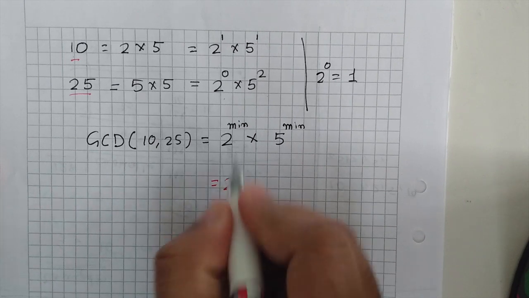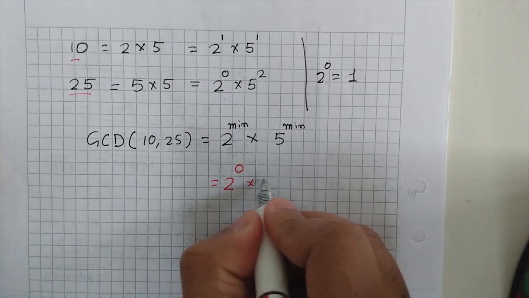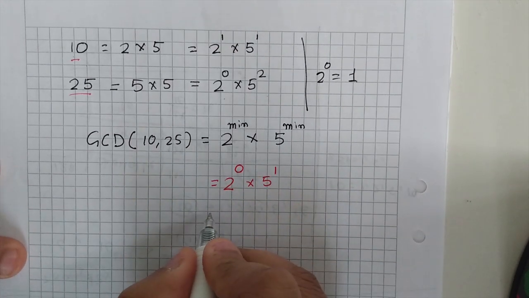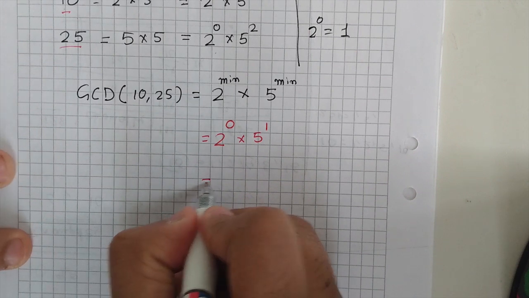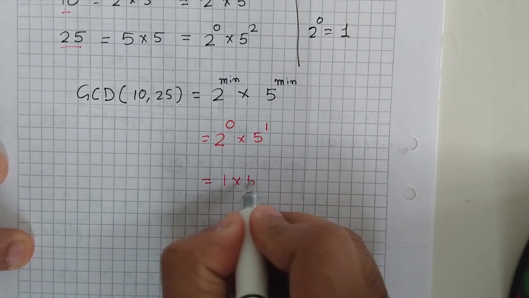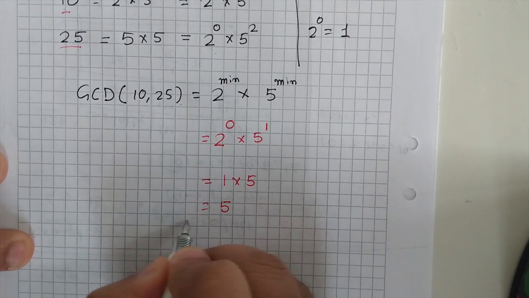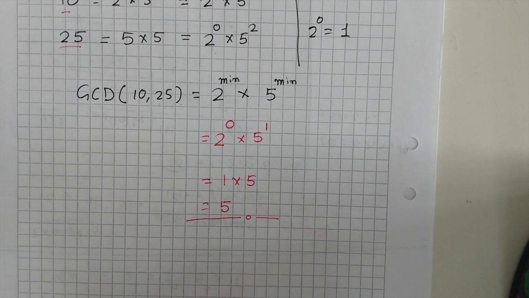The minimum power of 2 is 0 and the minimum power of 5 is 1. So the GCD of 10 and 25 is 1 times 5, which equals 5.